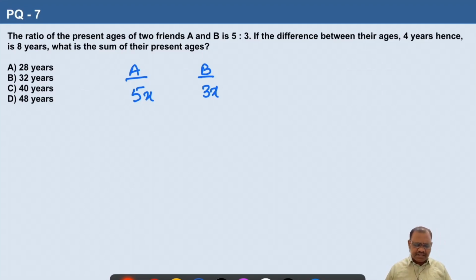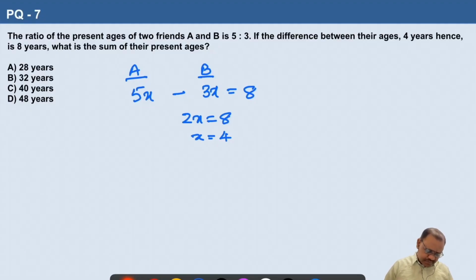If the difference between their ages 4 years hence is 8 years, the difference between the ages will not change even after 4 years or 4 years ago. So the difference will be the same. So the difference is 8 years. So 2x is 8, x is 4.